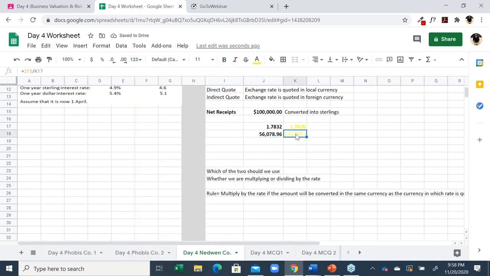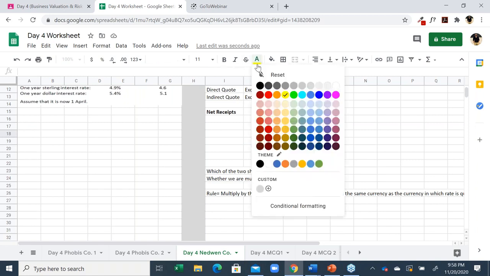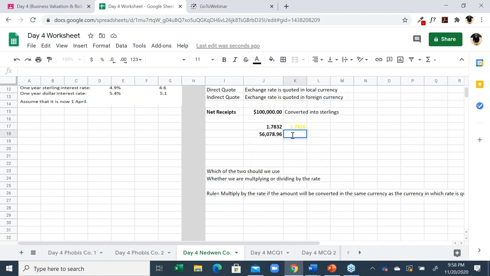So it's pound sterling. This is the amount that the company will be getting after 1 month's time if it goes for a forward rate contract, that is, it fixes the exchange rate with the bank.